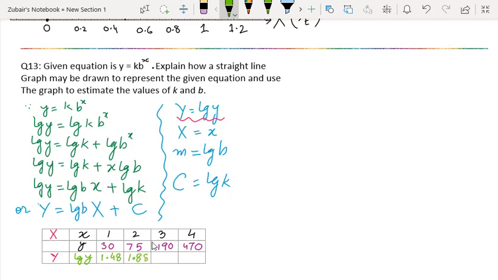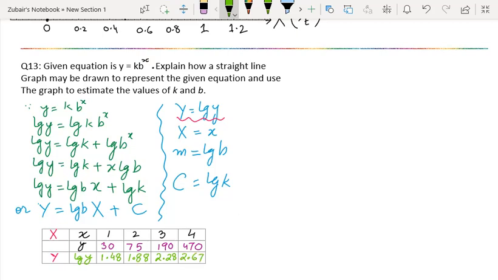LG190 gives us the value of 2.278, so I'm writing 2.28. And LG470 gives the value of 2.6720, so I'm writing 2.67 only.